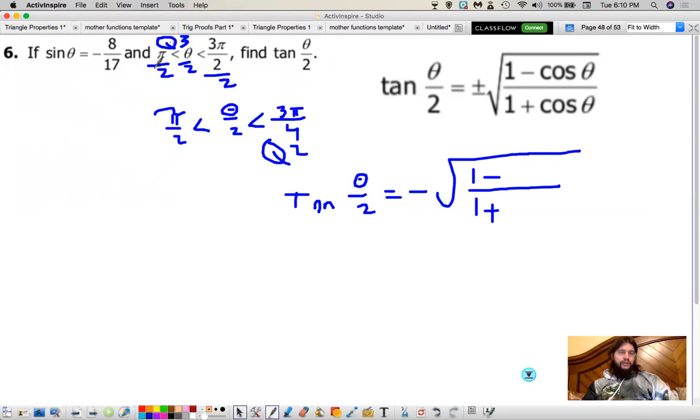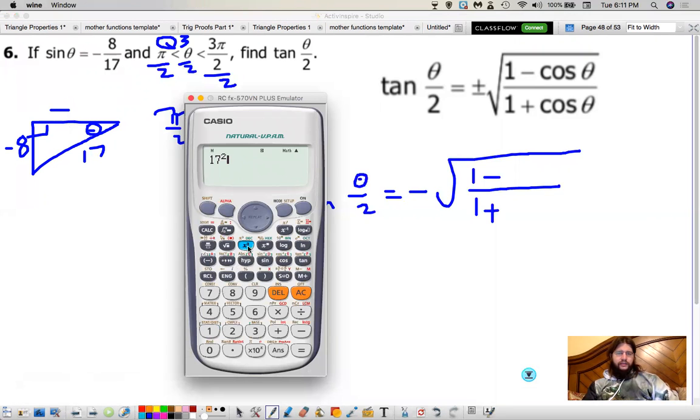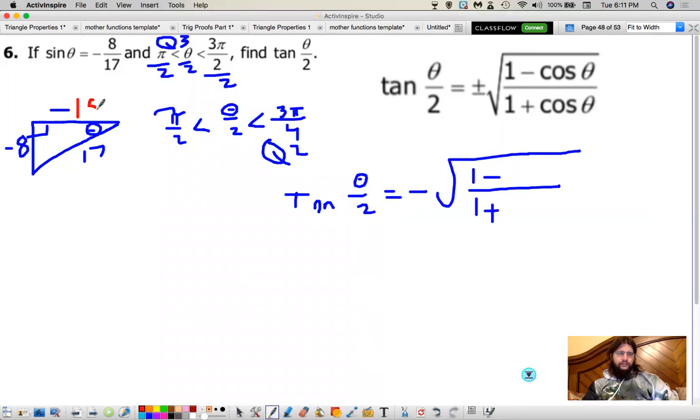So let's draw a quadrant 3 triangle. 17 is my hypotenuse, 8 is my opposite. Hypotenuse is not negative, that's negative, and whatever this is going to be negative. Let's find out what it is: 17 squared minus negative 8 squared. Obviously, you could just do the same as 8 squared. And then we square root that to get 15. So cosine of theta is going to be negative 15 over 17.